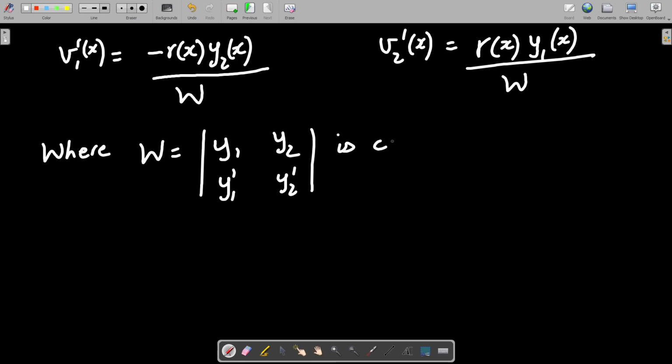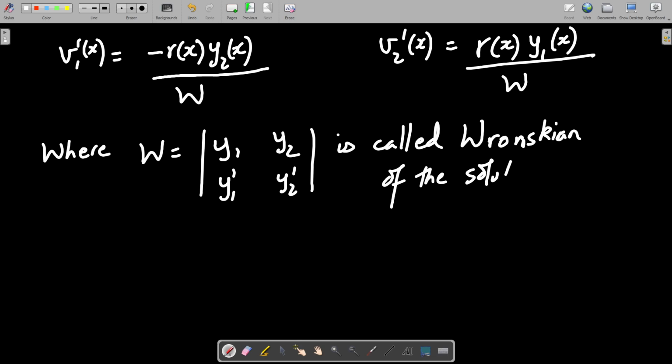It is called the Wronskian of the solutions y1 and y2, named after a mathematician.